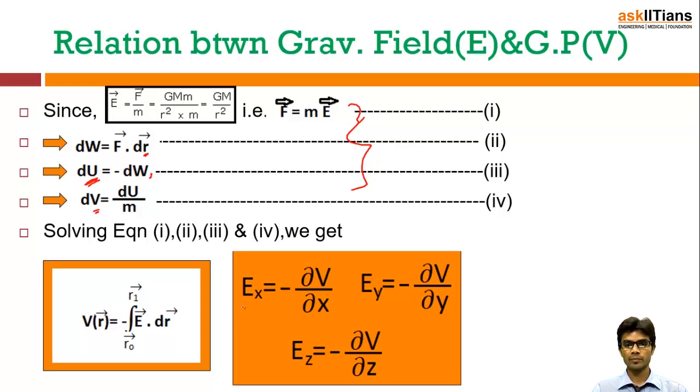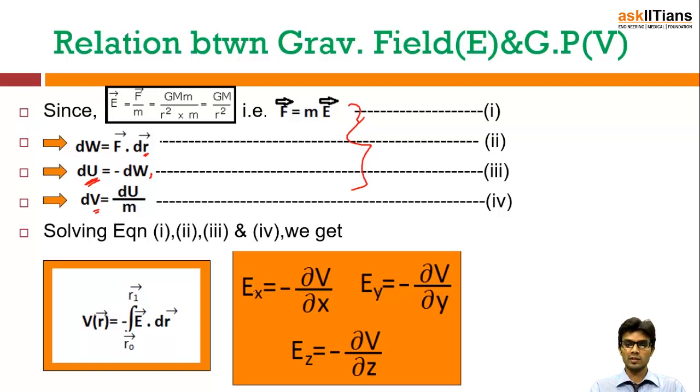Using these four equations we can solve this, and we find the results like this. Ex is the gravitational field in the direction of x. The final relation is Ex is equal to minus partial derivative of V with respect to x, Ey is equal to negative of partial derivative of V with respect to y, Ez is equal to negative of partial derivative of V with respect to z.